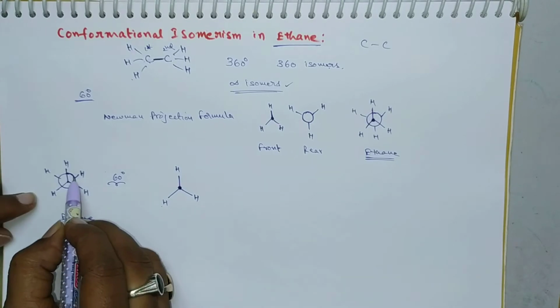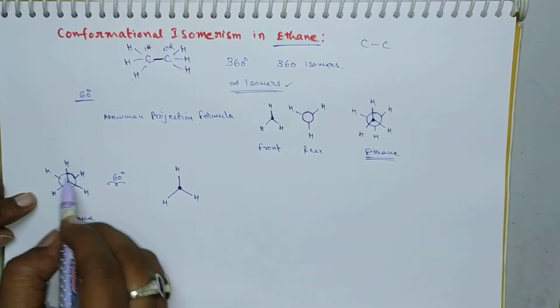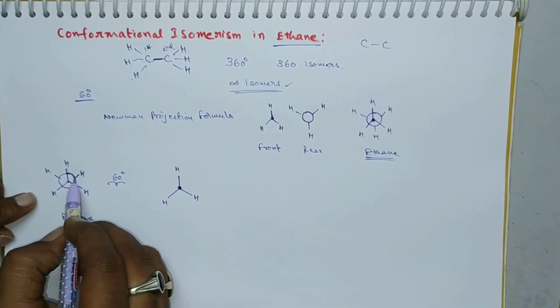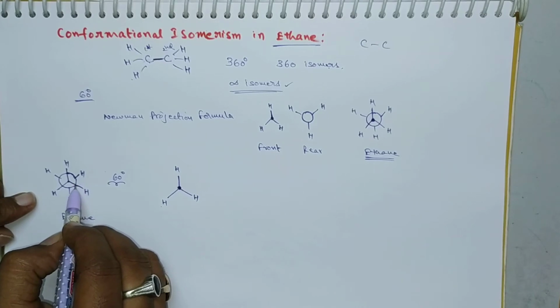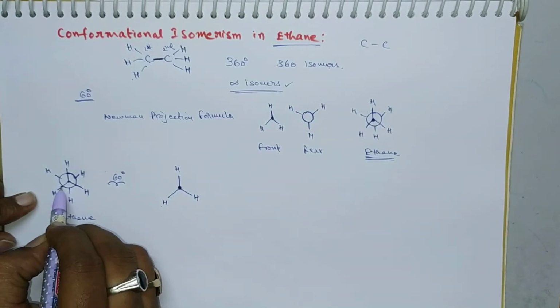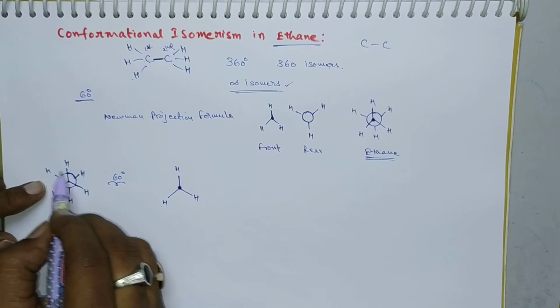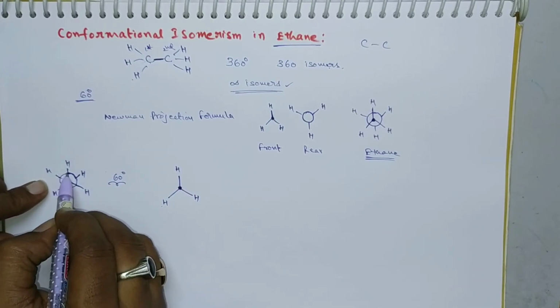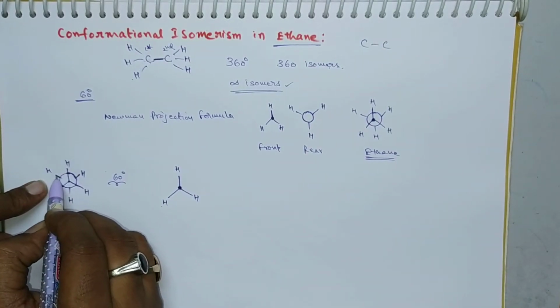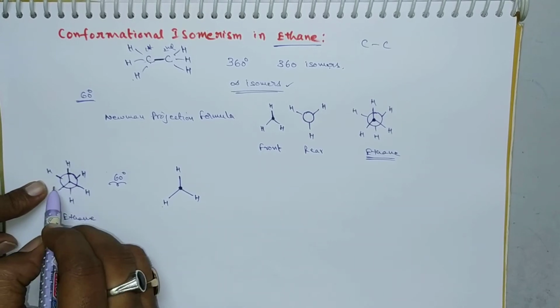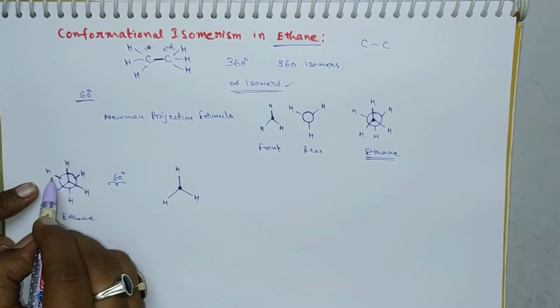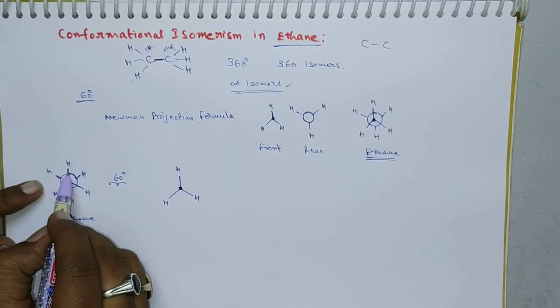We have to rotate the rear carbon, that is the circle. If you rotate this circle through 60 degrees, this bond will be present here and this bond will be present here. This bond will be present here. That means this hydrogen is exactly below this hydrogen, isn't it? This hydrogen will be exactly below this one.